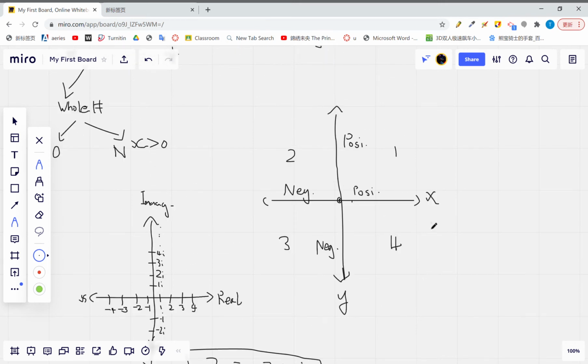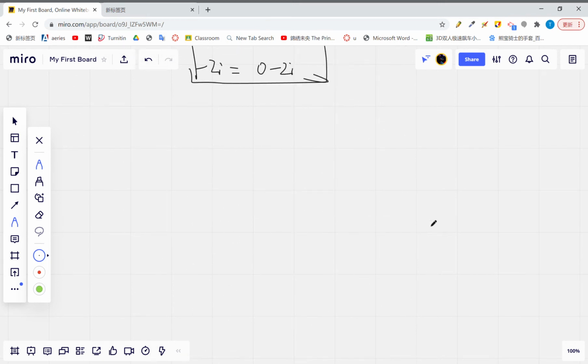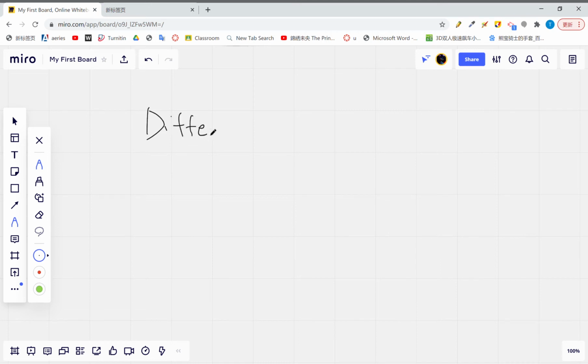Okay. Now I'm gonna introduce you guys to a different representation form of negative 1 or any number. Okay? So for example, let's say I want to express negative 1.